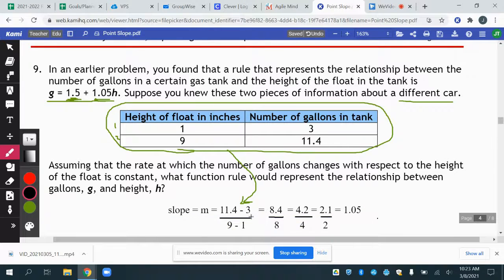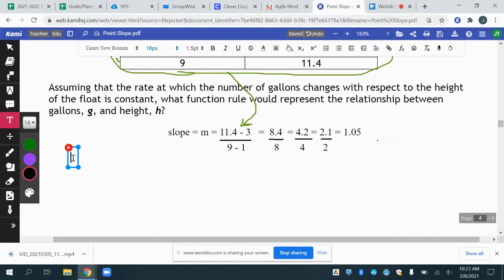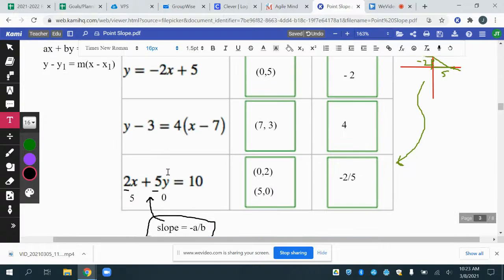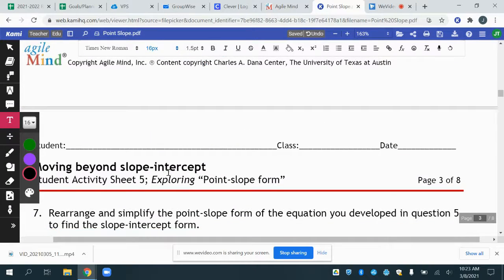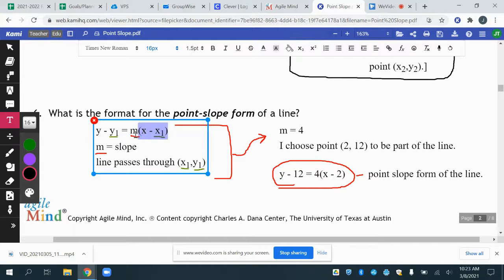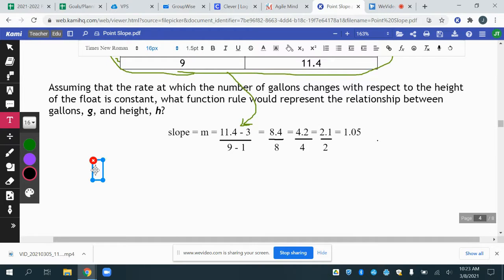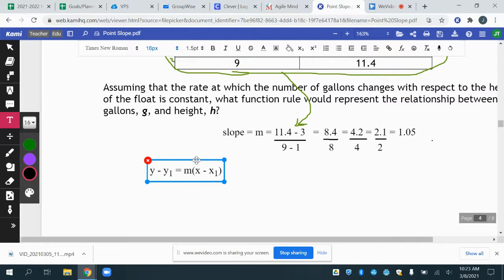Okay. Now we need to find our y-intercept. Well, you know what? We don't. So what we're going to do instead is use point slope. Let me go copy it because I don't want to type it out again. Control C. All right, here's the point slope form.